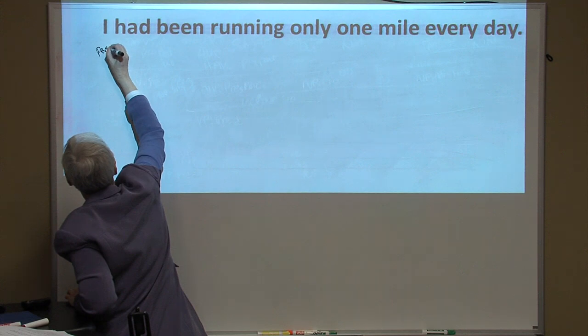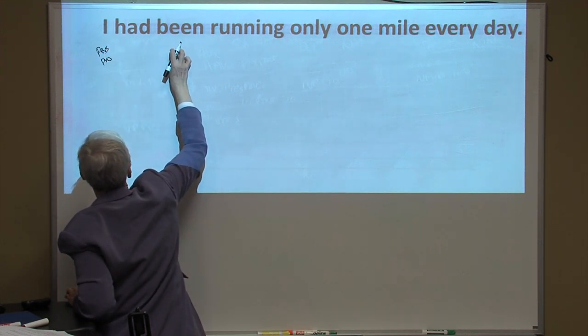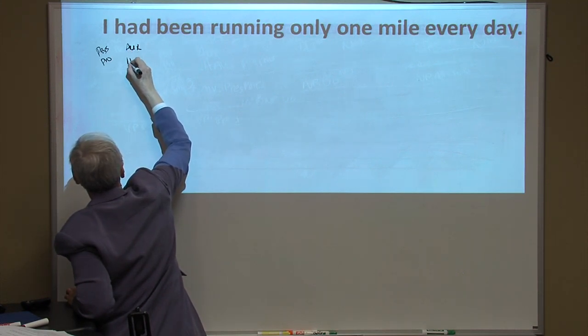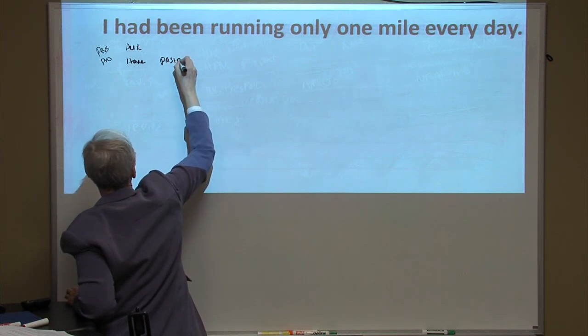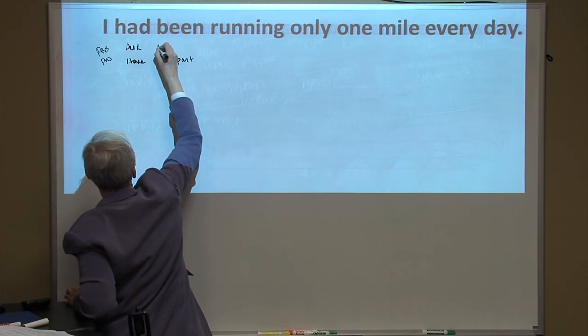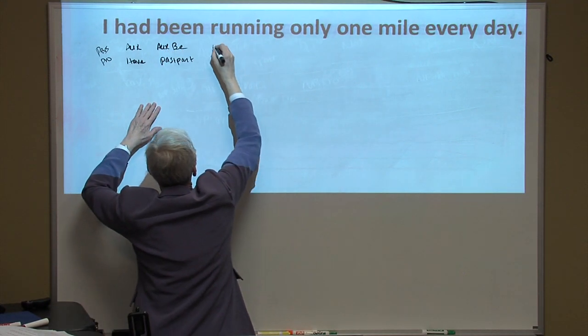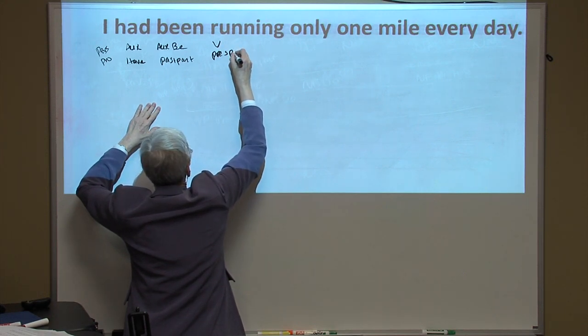Personal pronoun I had been. Okay, so this is auxiliary have, and it's followed by a past participle of auxiliary be, because that's followed by the present participle form of a verb.